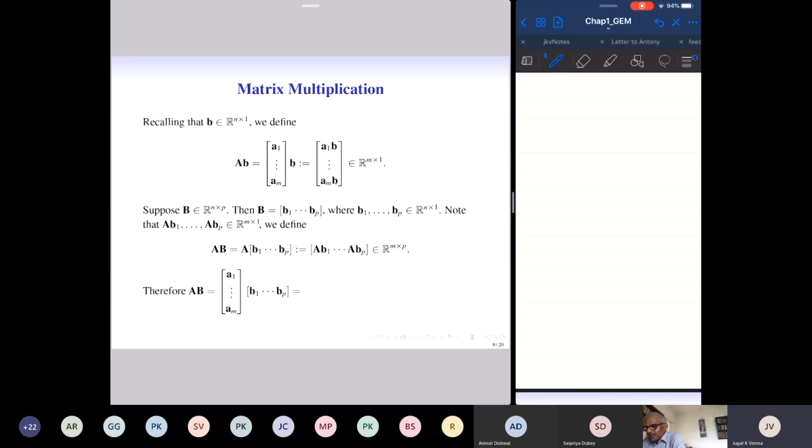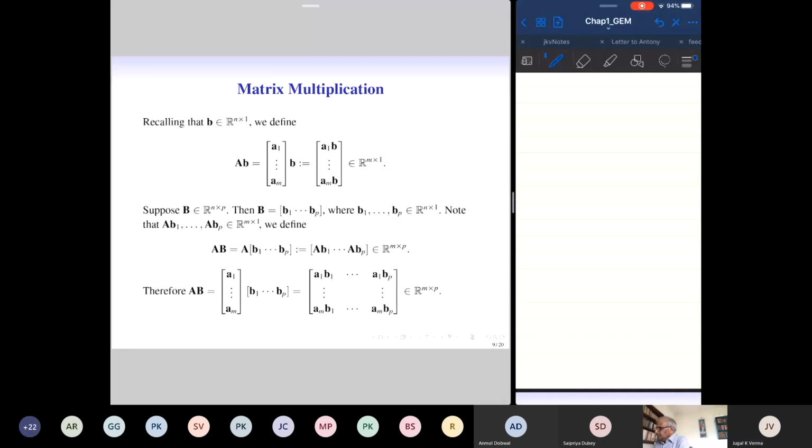Then only we can multiply A with B in this fashion. So if I display the row vectors of A and the column vectors of B as A1, A2, Am, and b1, b2, bp, then the result is this m by p matrix, where the first row consists of the dot product of A1 and b1, up to the dot product of A1 and bp. Then the last row consists of Am b1, up to Am bp, and it's an m by p matrix.